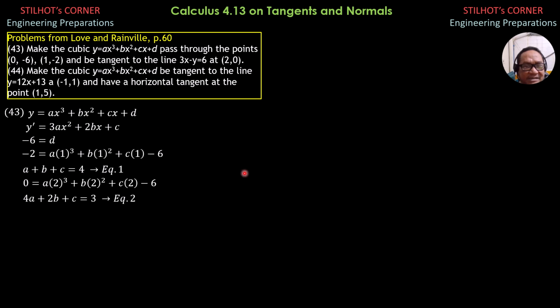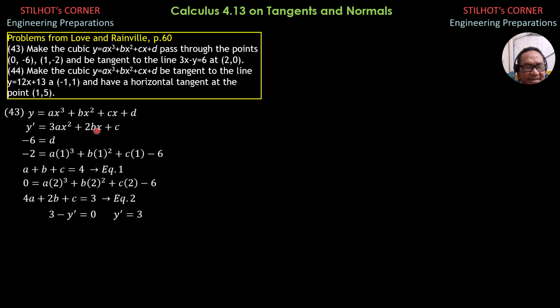Then next, the slope of the line is also the slope of the tangent at this point. So you just find it by differentiation, although it's obvious: 3 minus y prime equals 0. So that means y prime is 3. Substitute into this equation where x is 2.